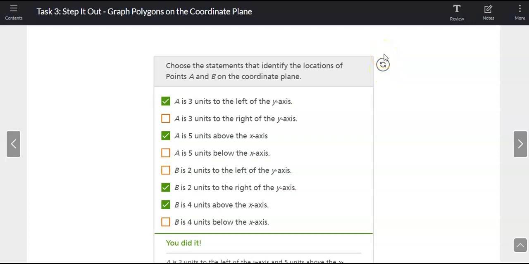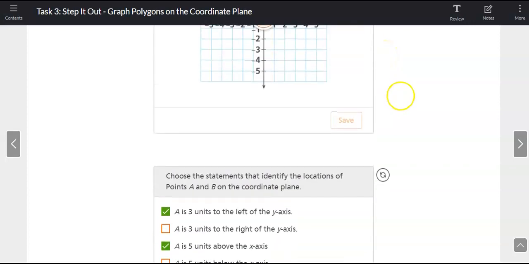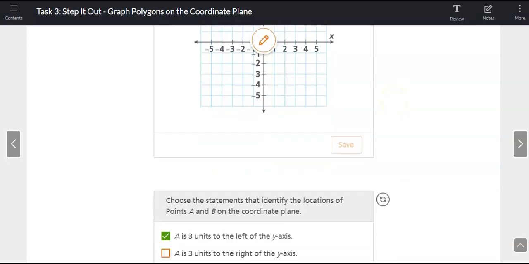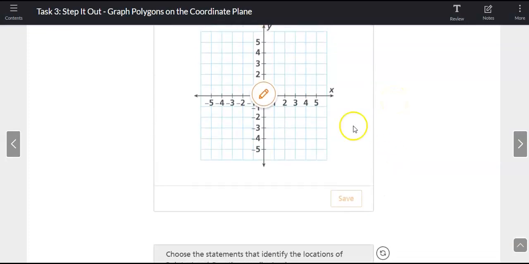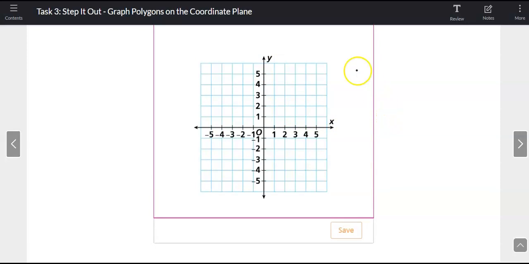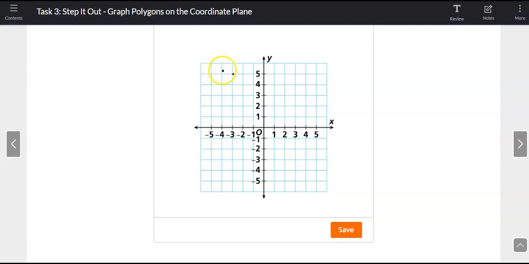Sorry we couldn't have the picture on here for it. It just wasn't loading on my scope, and now it is loaded. So I can put that on there real quick for you so you can see what that looks like. So A was at (-3, 5), which is right here, and we're going to label that as A. Obviously, there you go. B is at (2, 4).